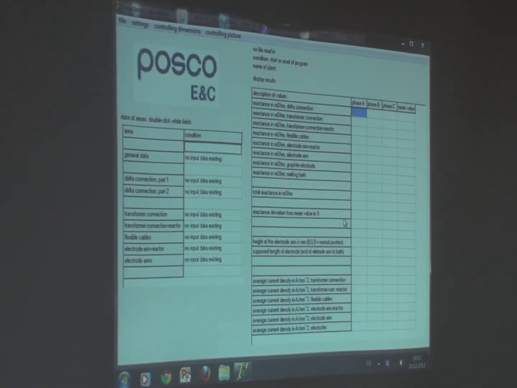Then we can calculate this formula there. Then we need information about the star point. The star point is free. And you know this is the potential of the bath.